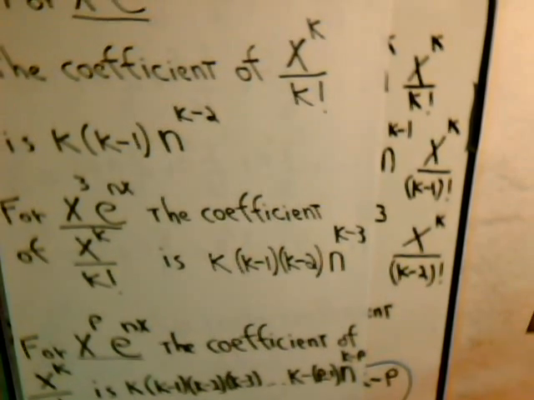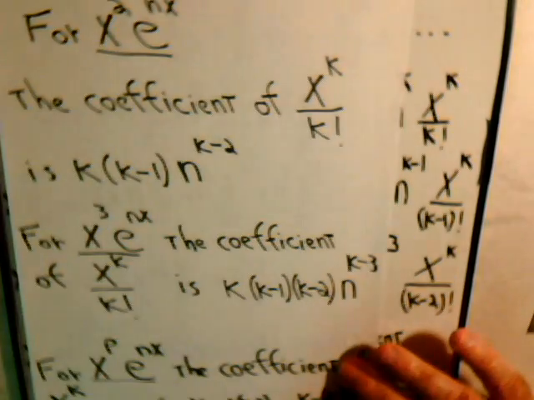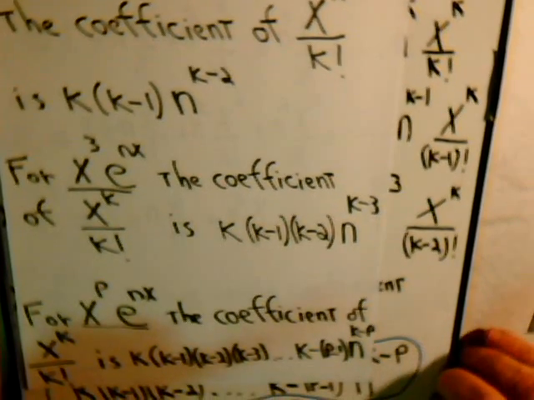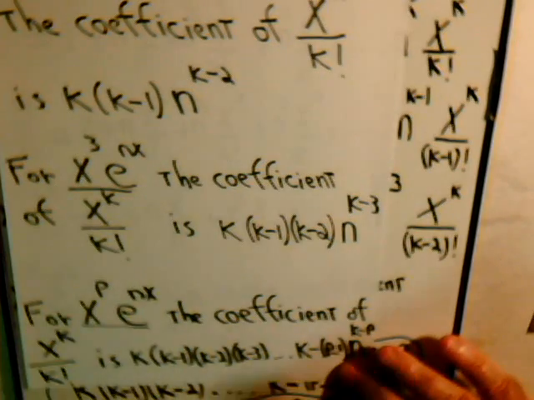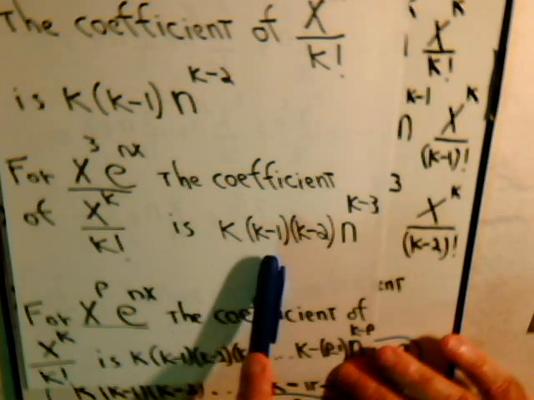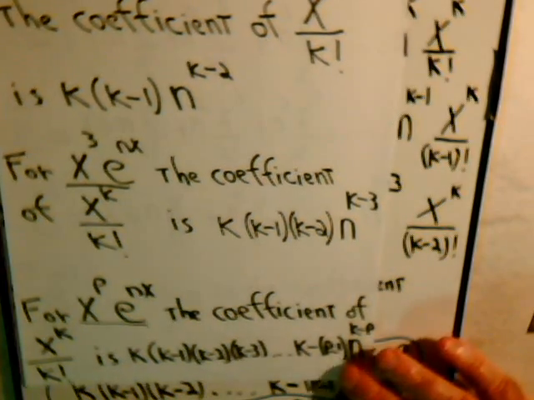That is the coefficient of x to the k over k factorial in this expression. Or if we have x cubed times e to the nx, the coefficient of x to the k over k factorial is k times k minus 1 times k minus 2 times n to the k minus 3.